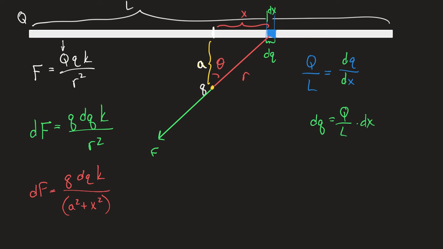Yes, I know that x can't be in the answer either, but at least x is one-dimensional. And I know where the beginning of x is and the end of x is: negative L over 2, positive L over 2.